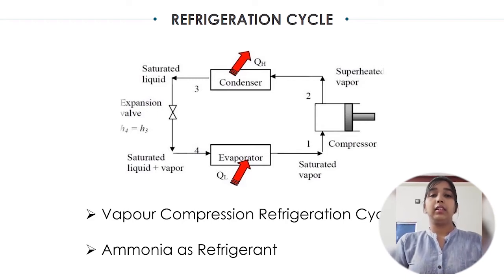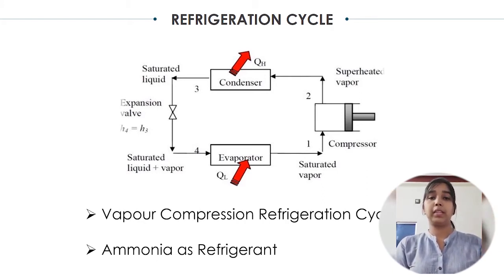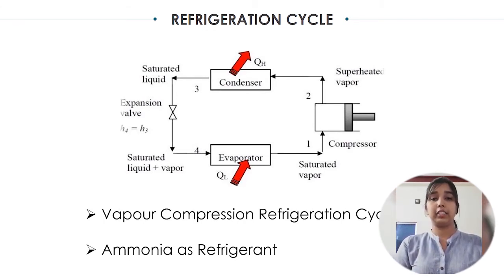Here, the refrigerant flowing in the evaporator extracts heat from the storage space at constant pressure, and then it is sent to the compressor to be compressed isentropically, where the vapor which is formed after extracting heat from the storage space is compressed, and its temperature and pressure increase.